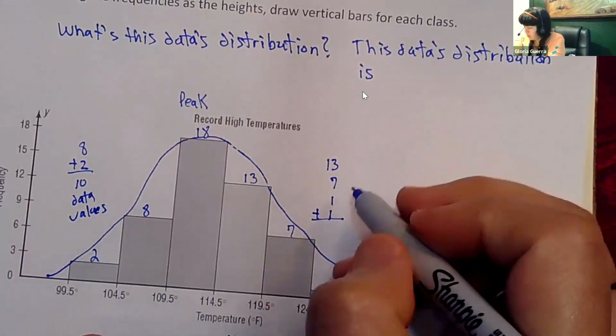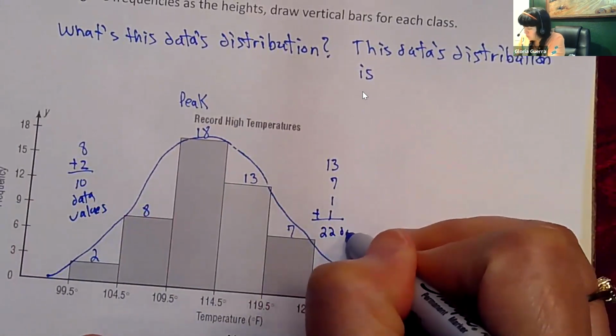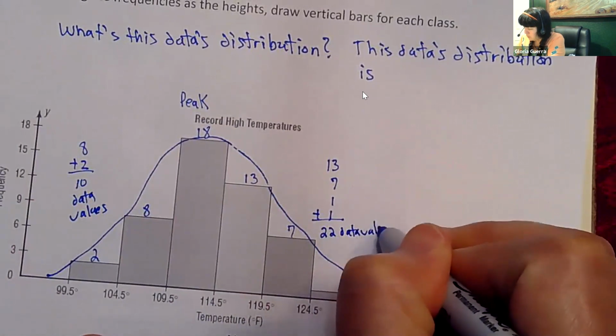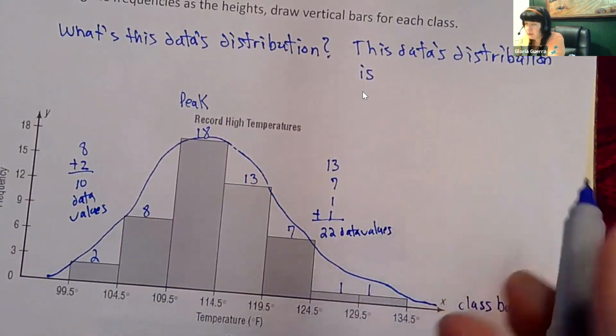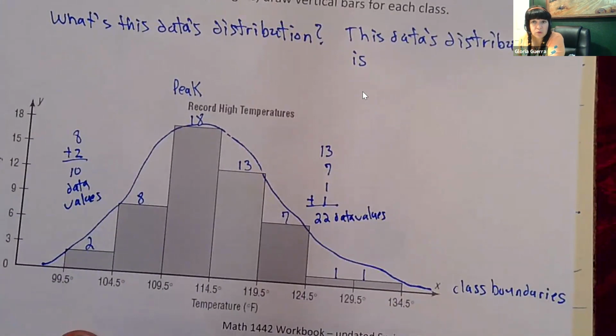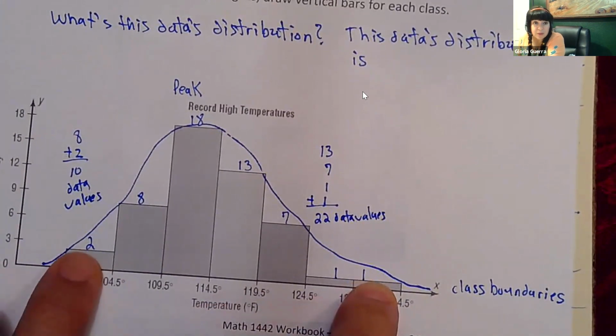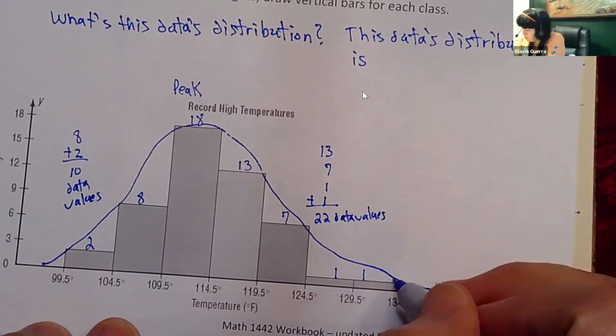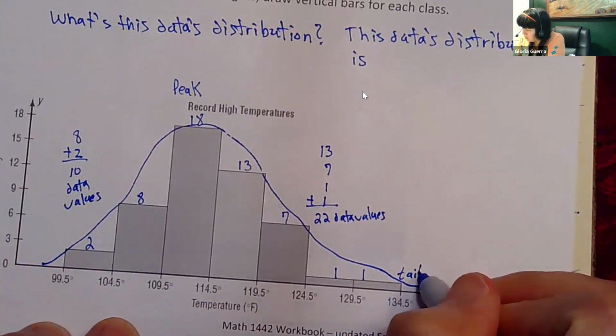And if you add all that up, that gives you 22 data values. Okay, and then they'll talk about a tail in your ebook. This is considered more of a tail. This is shorter. See, these are down to 1, not by much. This is 2, but this would be considered more of your little tail here on this side.